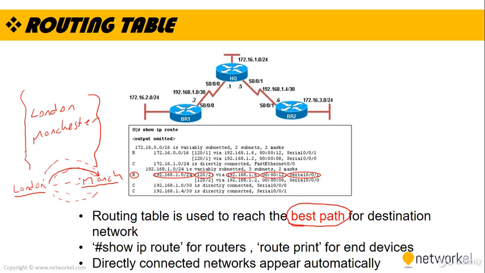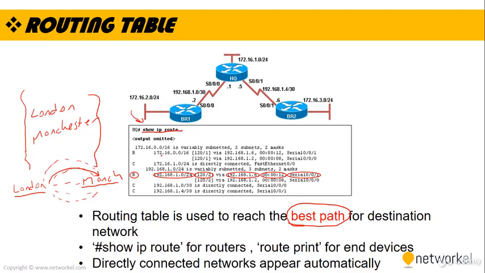So, a routing table is something like that too. In the routing table, you will always have the best path for a particular destination. Here we are seeing an example of a routing table, and we need to type show ip route simply to display the routing table.